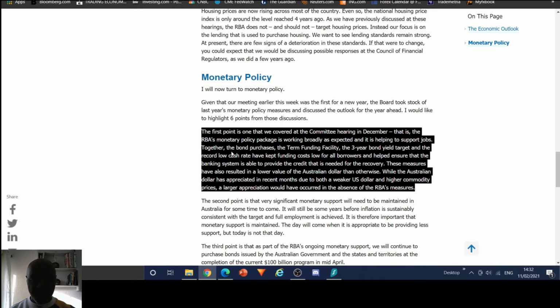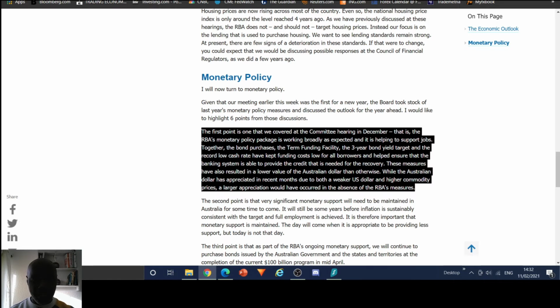Together, the bond purchases, the term funding facility, the 3-year bond yield target, and the record low cash rate have kept funding costs low for all borrowers and helped ensure that the banking system is able to provide the credit that is needed. That's really, really important.